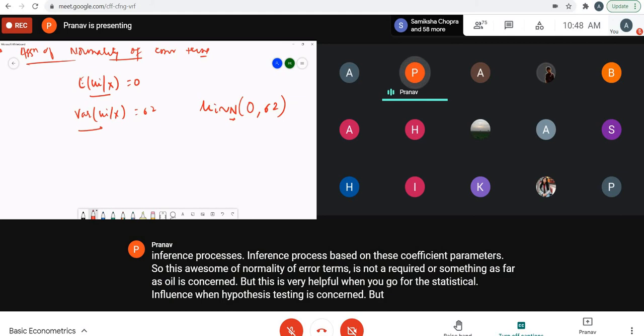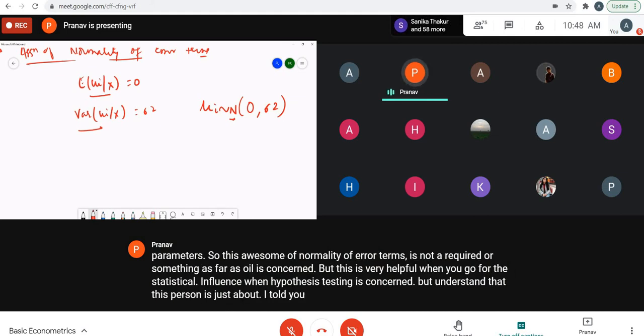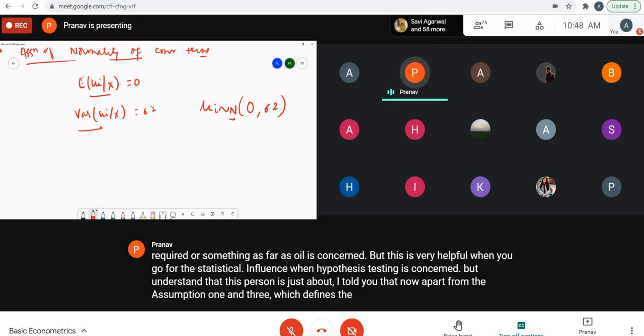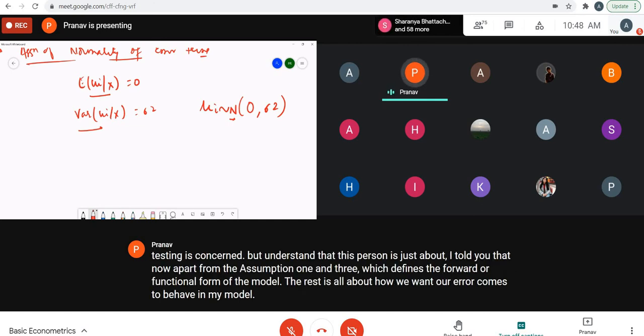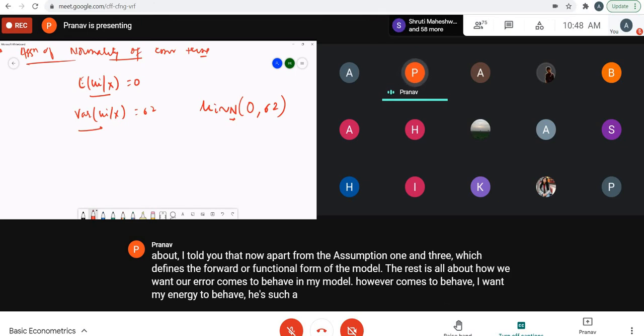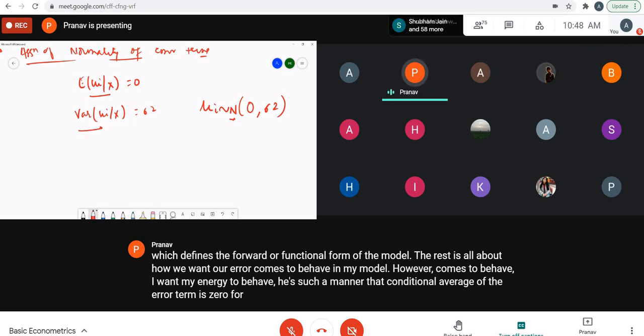But understand that, as I told you, apart from assumptions 1 and 3, which define the functional form of the model, the rest is all about how we want our error terms to behave in my model. I want my error terms to behave in such a manner that the conditional average of the error term is 0 for each observation.